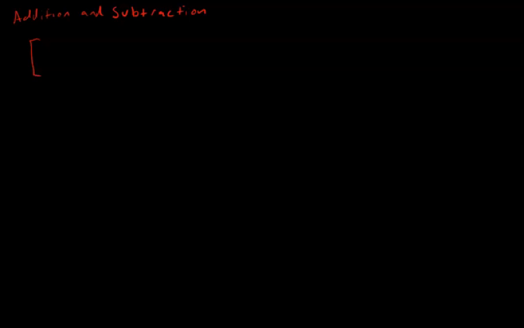So say we have two matrices, 1, 4, 8, and 3, 7, 4. And we want to add that to the matrix 2, 5, 4, and 1, 0, 3.